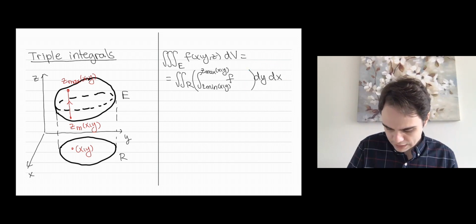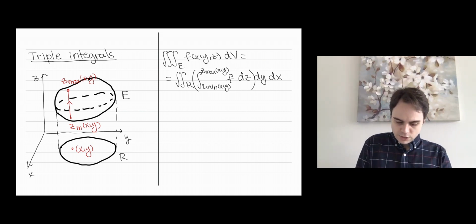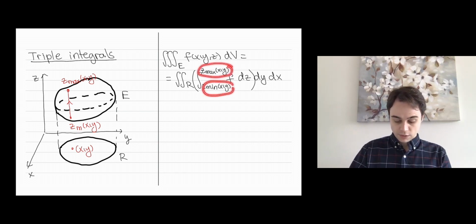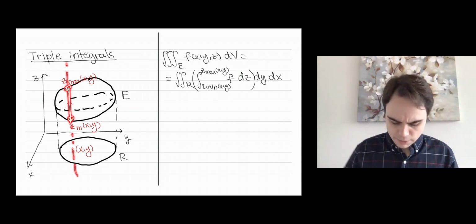Here I'm going to hide the dependency of the function on x, y, and z. The point is, you're doing a double integral over the base, and then for each point in the projection, you go up vertically along a line segment in the z direction, and the bounds are the endpoints of this vertical line segment.